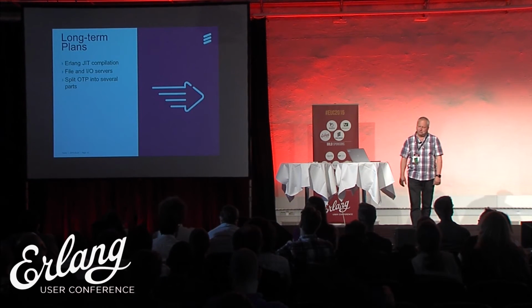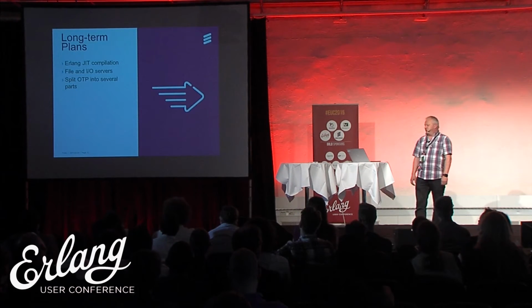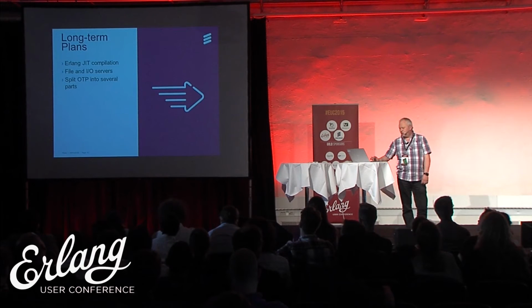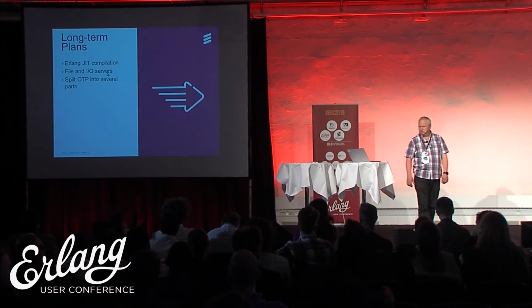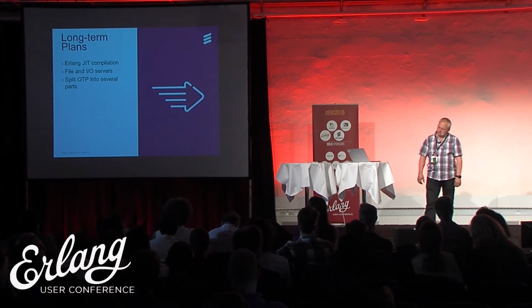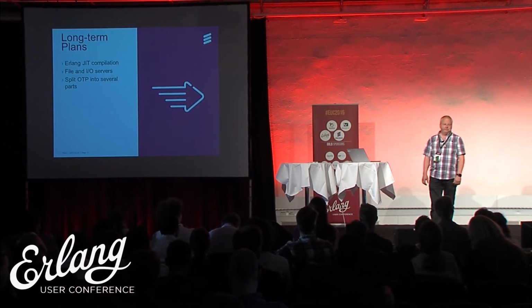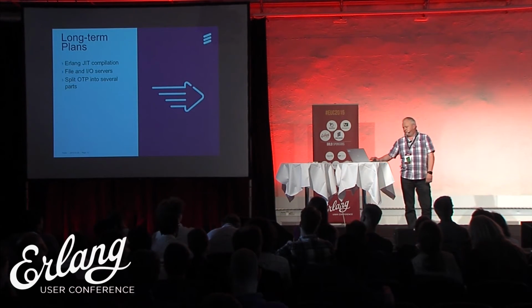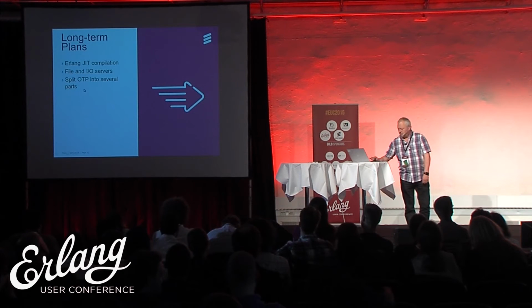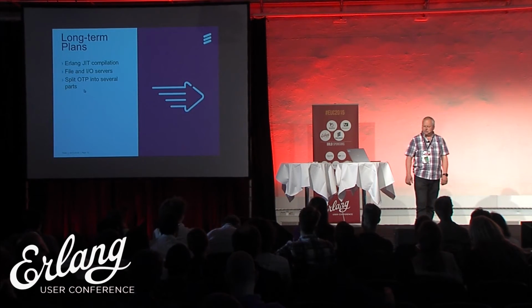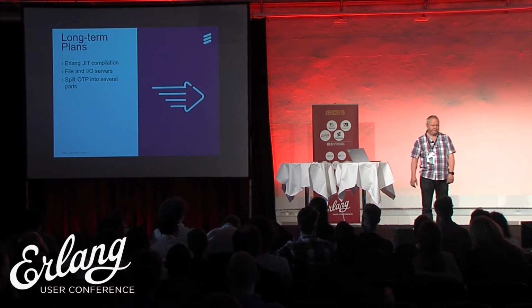Then we have the long-term plans. Continue with this Erlang just-in-time compilation. We'll do something about file and IO servers, because they are sometimes not so efficient. And related to the packet management is to think about how we can divide OTP into different parts.